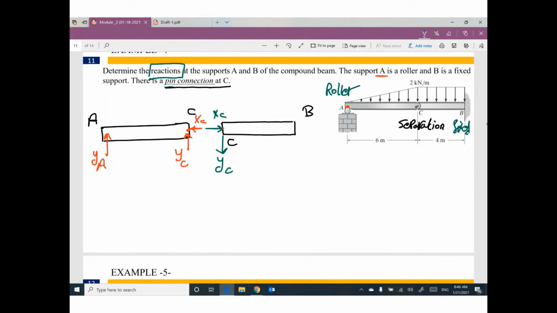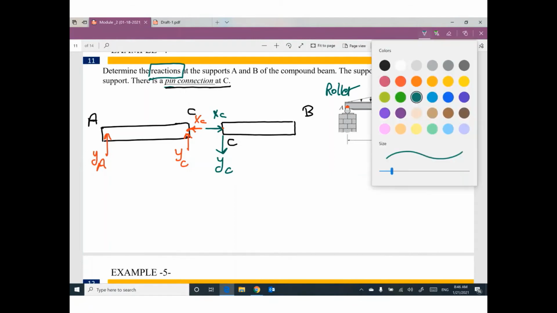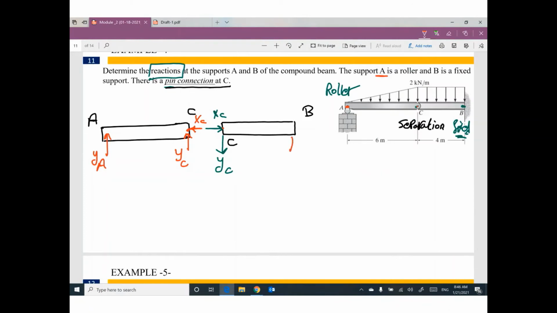If this one XC, this one will be XC, but in opposite direction. If this one YC, this one will be YC, but in opposite direction. What about B? B is fixed. So we have three reactions, one vertical, one horizontal, and one moment. YB, XB, MB.